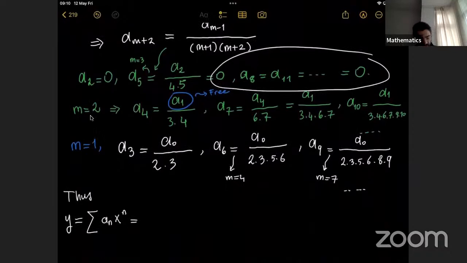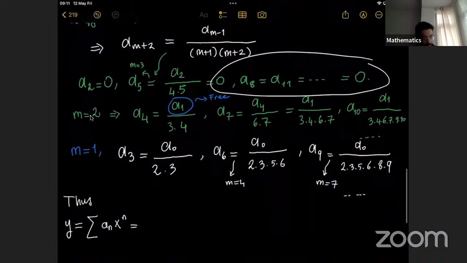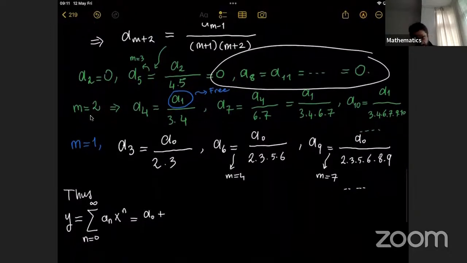n is from 0 to infinity. When n is equal to 0, we have a0. Next, we will have a3, which is a0 over 2 times 3 x to the 3, so a3 x cubed.